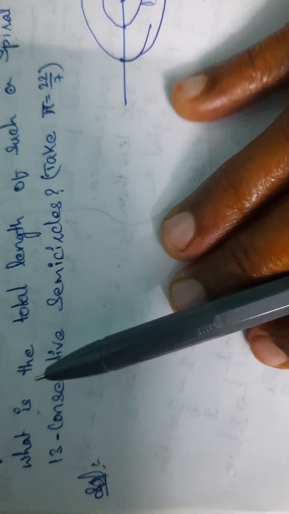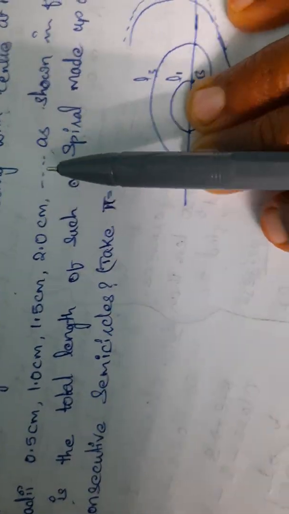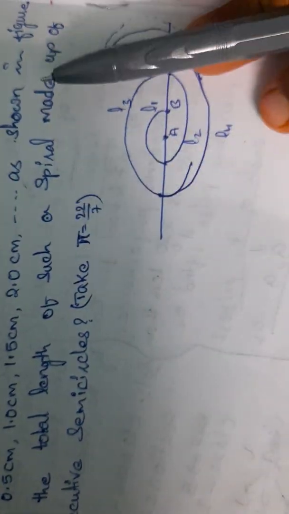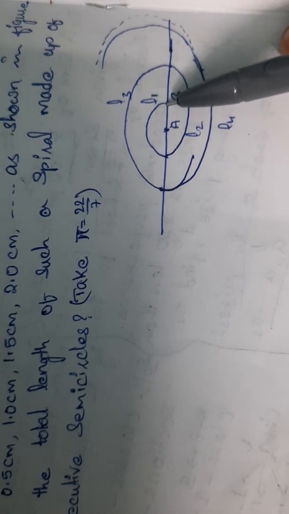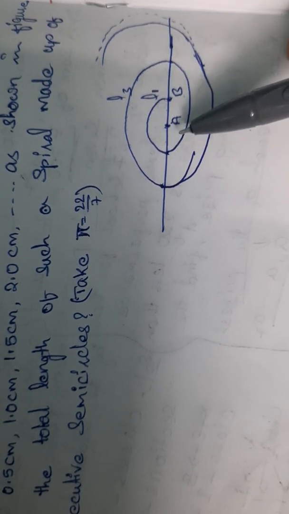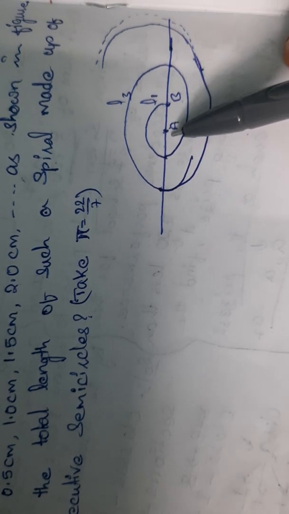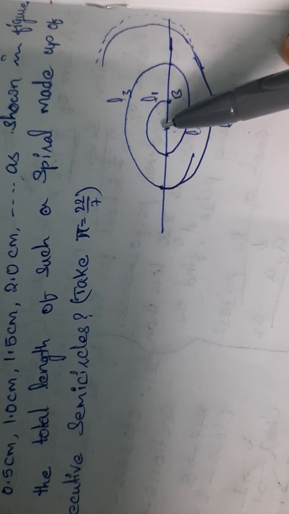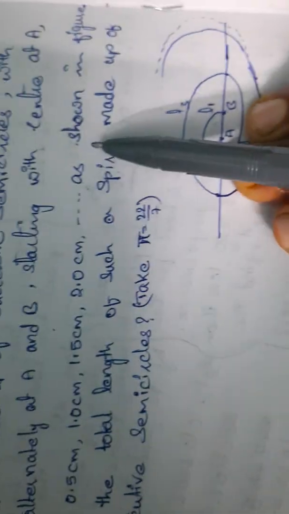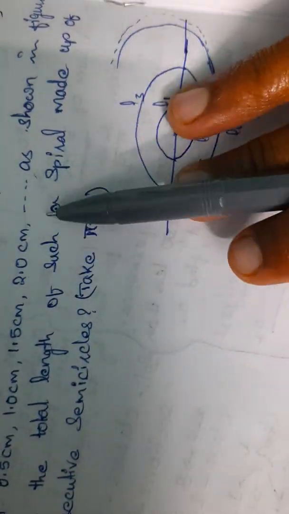So what is given here? Radii is given. A spiral is in the form of semicircles, successive semicircles. You can see in the figure it is in the form of semicircles, and they have given us in the question the radii of semicircles, 1, 2, 3, 4, and so on.